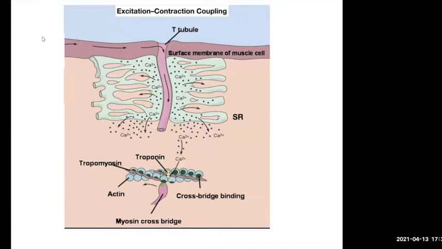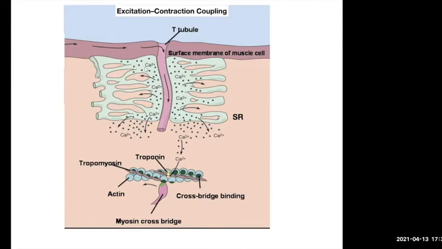It was a single motor neuron, a single axon coming down at the neuromuscular junction. It sent its action potential down the sarcolemma, down those T tubules, and released the calcium. That was what allowed cross bridge formation to occur. From this picture you can't tell, but there was a single motor neuron innervating a muscle fiber.